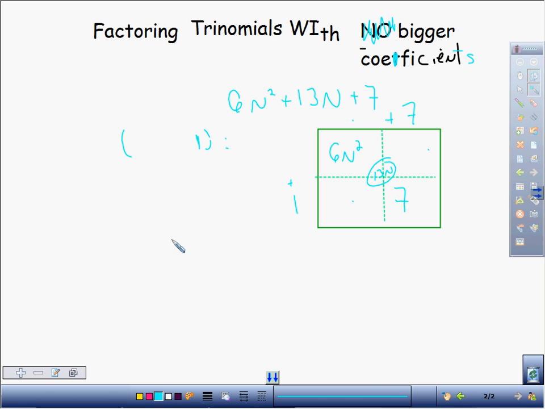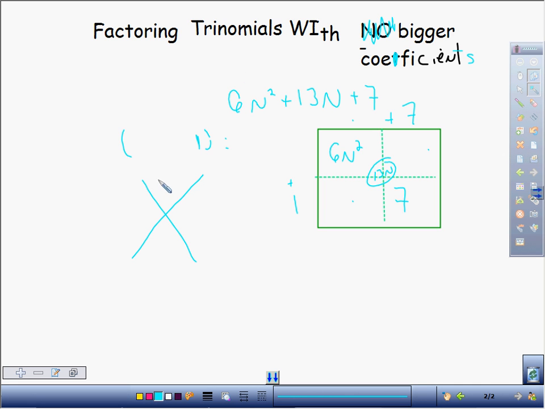Now, Mrs. Voss or someone came up with this method called the cross and box method, where you put a number in the cross. The number that you put up at the top is not this 7. It is the product of 6 and 7.